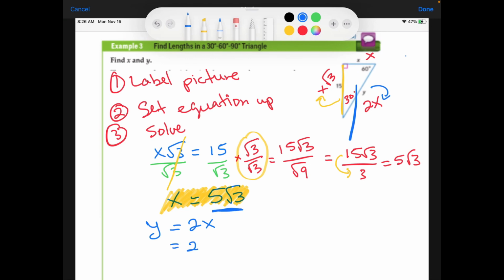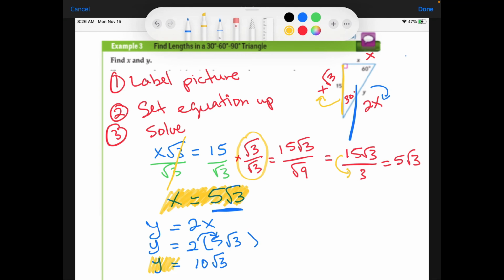So I can substitute the x with 5 times the square root of 3. We leave the square root sign intact and just multiply 5 times 2, and we get 10 times the square root of 3. That is what your y is.